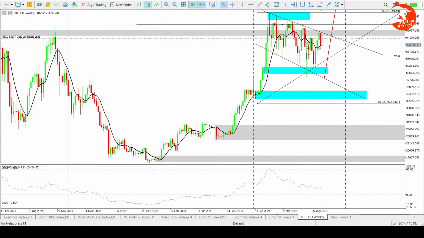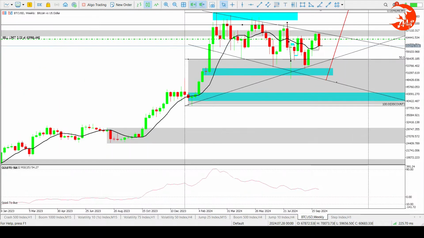From that level there, we can clearly see that's where our discount is. Everything below the 50% there is discount, and you can see the price came and grabbed that liquidity.